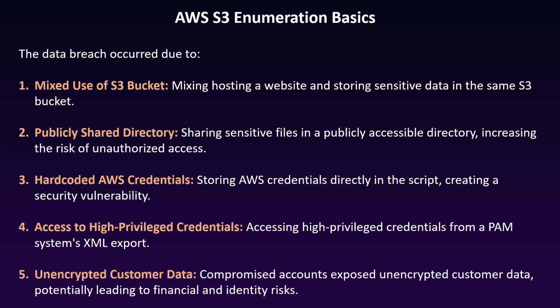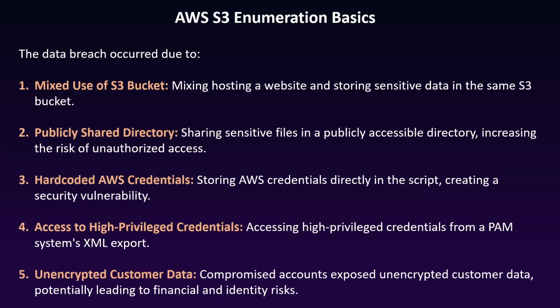And creating the risk of financial loss and identity theft. So to prevent such breaches in the future, it is essential to separate the usage of S3 buckets, secure shared directories, avoid hard-coding sensitive credentials, and ensure proper encryption and access control are in place. So this is what we have learned in this lab.